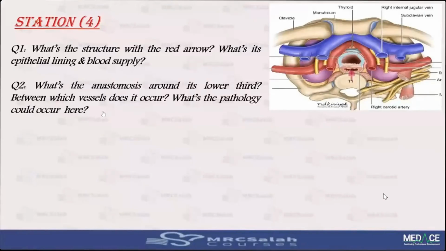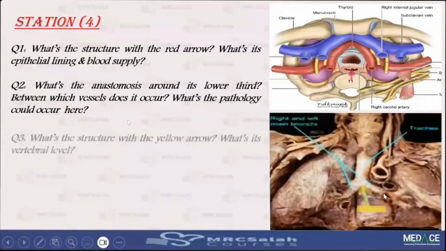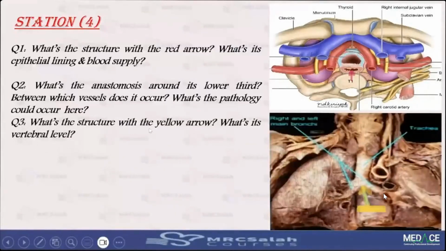Esophageal varices due to portal hypertension. Yes, exactly. The portosystemic anastomosis occurs between the left gastric vessels and the azygos vein, and the pathology is esophageal varices.